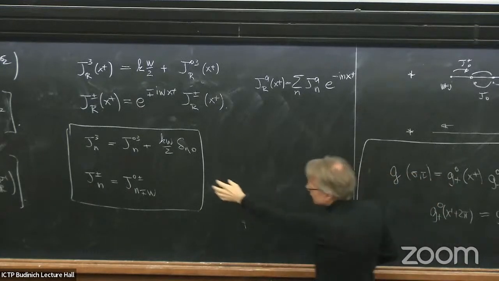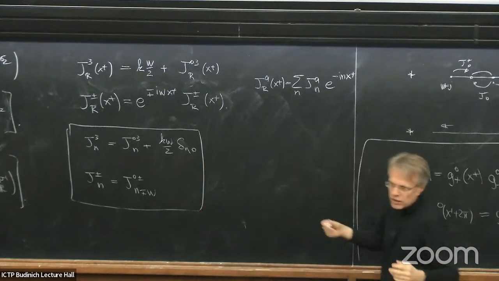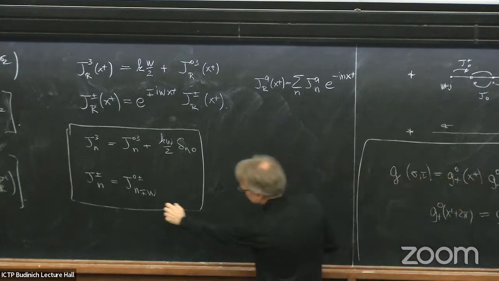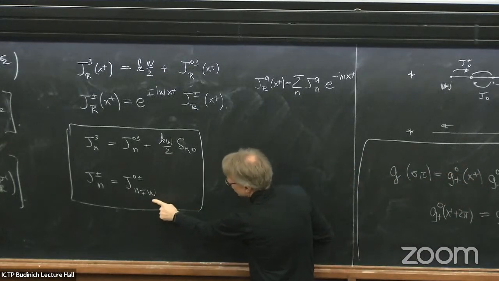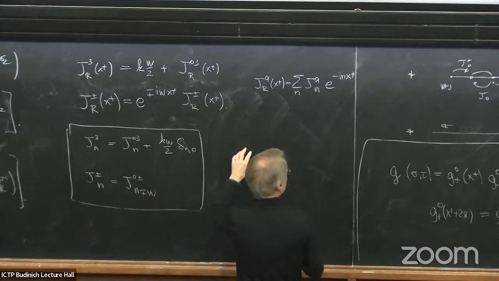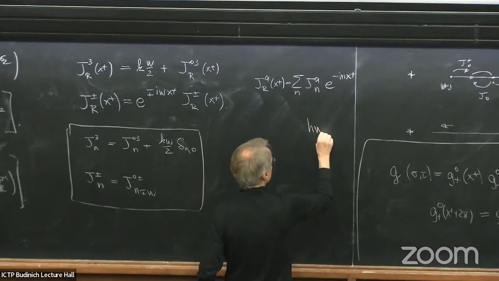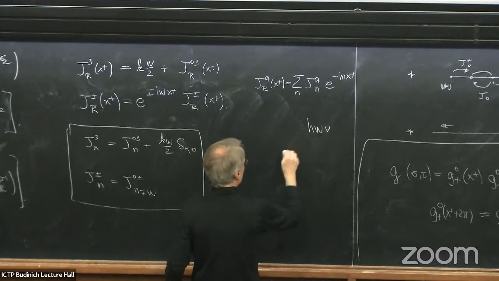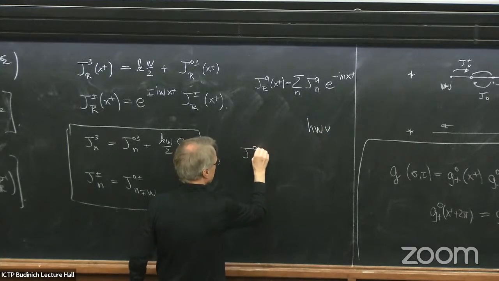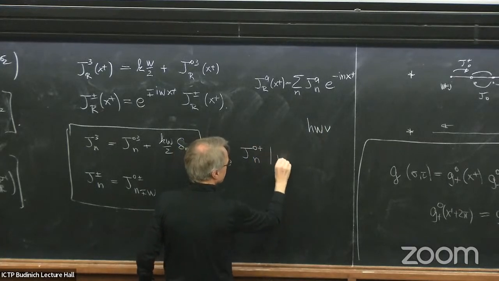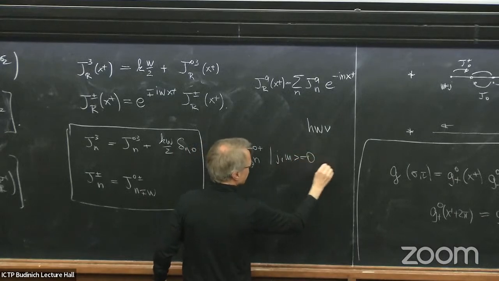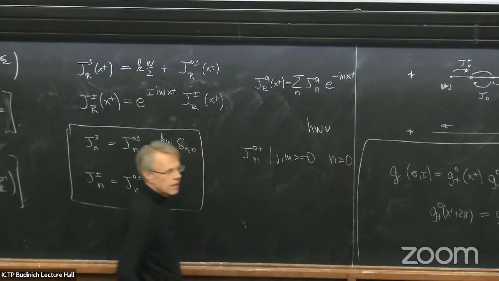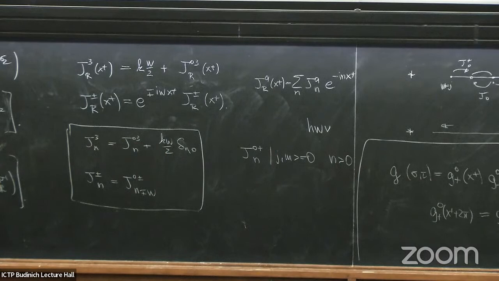Now, you can check that this is in general an outer automorphism. And the reason for that is you see that it shifts the mode number in this funny way. So if we start with the highest weight representation, you remember we had J0 plus n on the state Jm is equal to 0 for n bigger than 0. That was what it meant to be a highest weight representation.